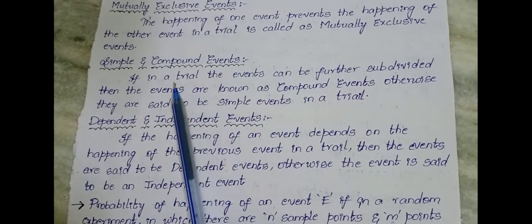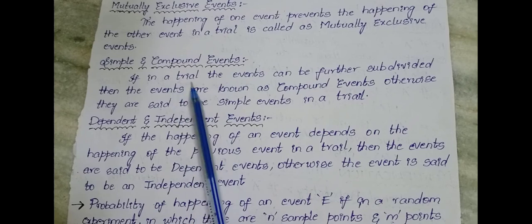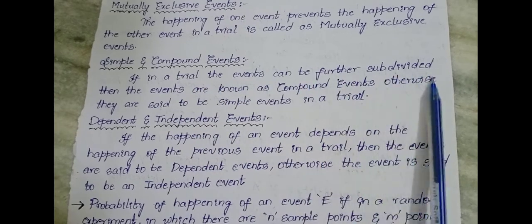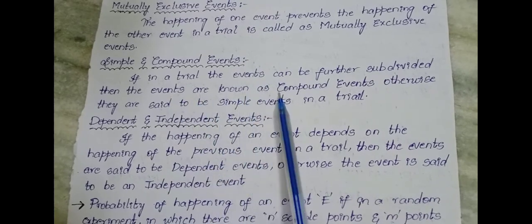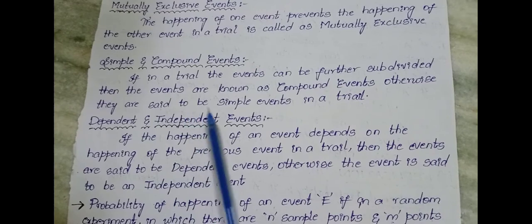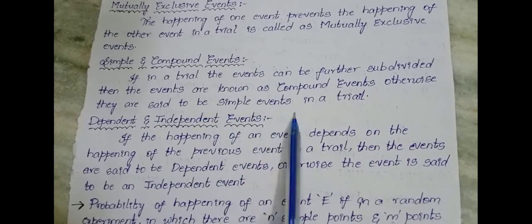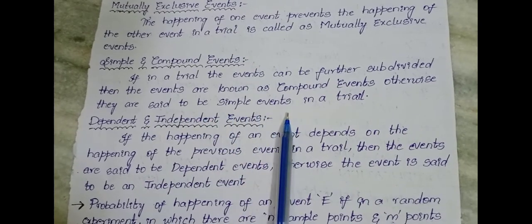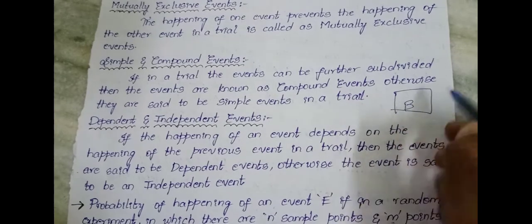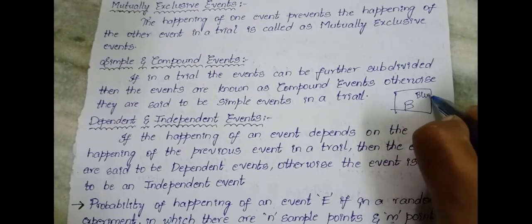Now, simple and compound events. If in an experiment or a trial, the events can be further subdivided, then the events are known as compound events. Otherwise, they are known as simple events. If the event can be further divided. For example, let us consider a box B. In that, blue balls are there, green balls are there.